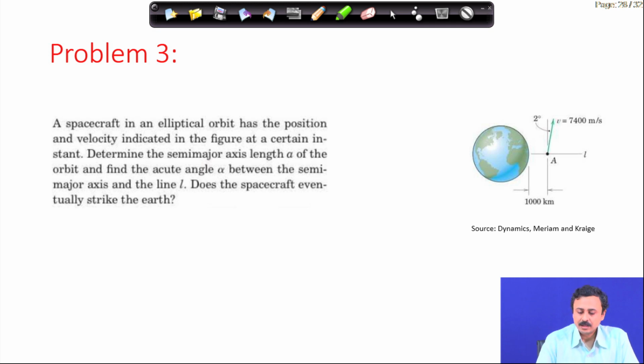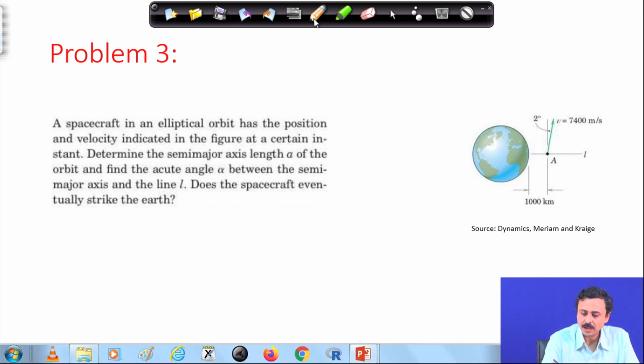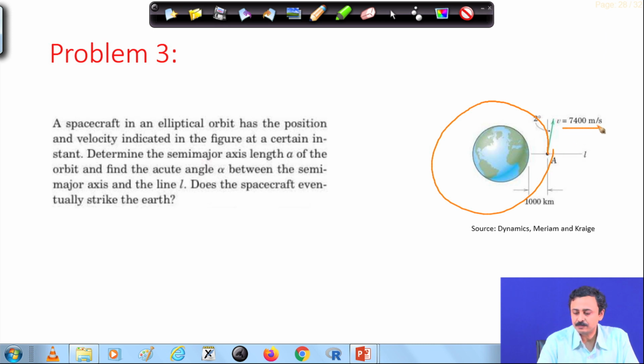This is the question. First thing that is mentioned is that it is on an elliptic path. Therefore, this satellite was actually moving on an elliptic path. The path has not been shown, maybe something like this, and at this instant, the instant at which it is shown, it has a speed of 7400 meters per second at an angle of 2 degrees with respect to the vertical.